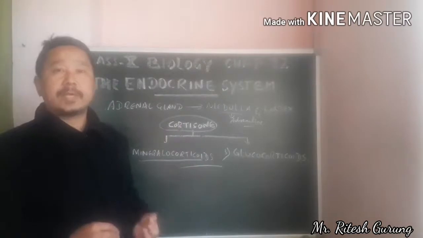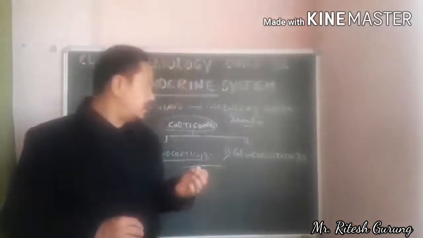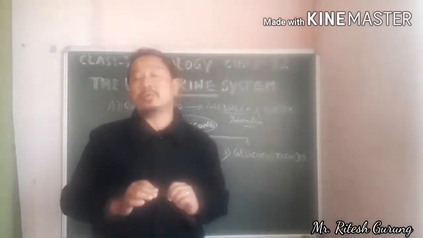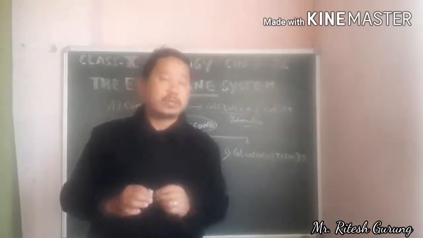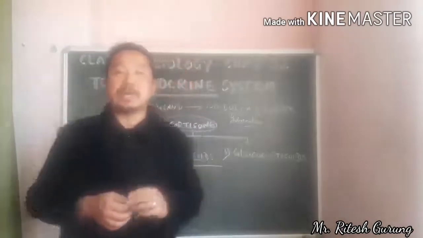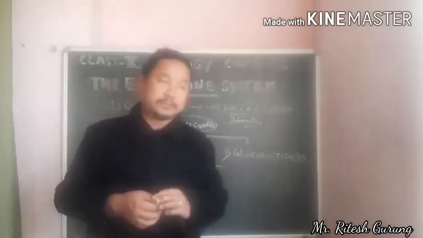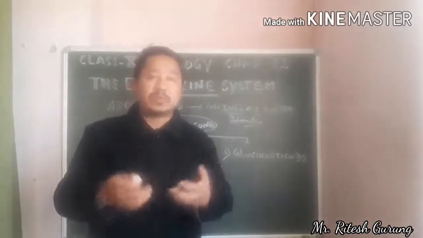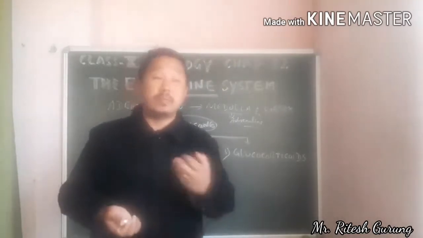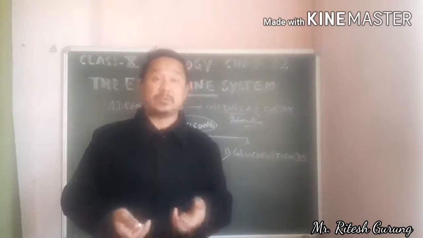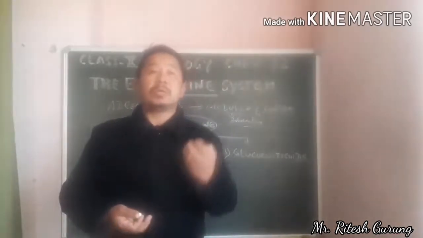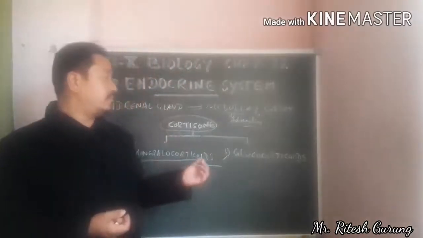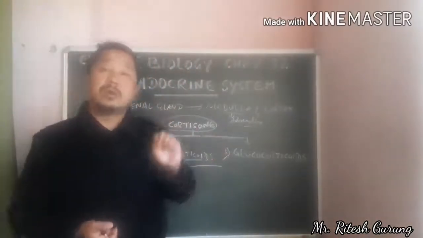Similarly, in general, these cortical hormones influence fat and protein metabolism. Metabolism, I've told you, is the sum total of all the chemical reactions taking place in the body. So metabolism of fats and proteins is influenced by these cortical hormones.